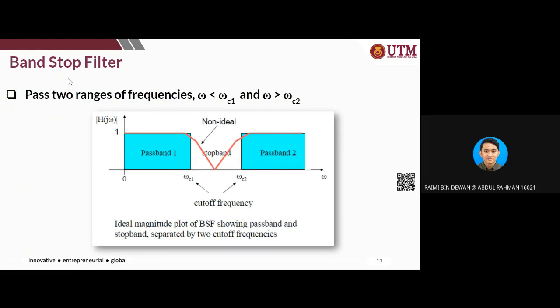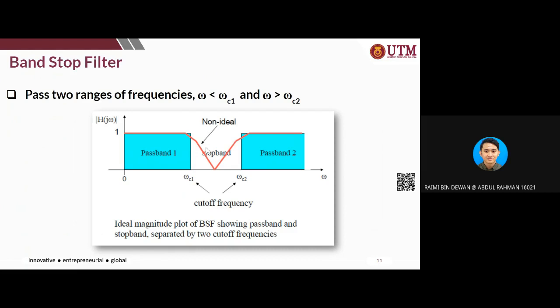Similarly, a bandstop filter allows certain frequencies to pass through and blocks the others. In bandstop filters, it only stops a certain band and allows the others.